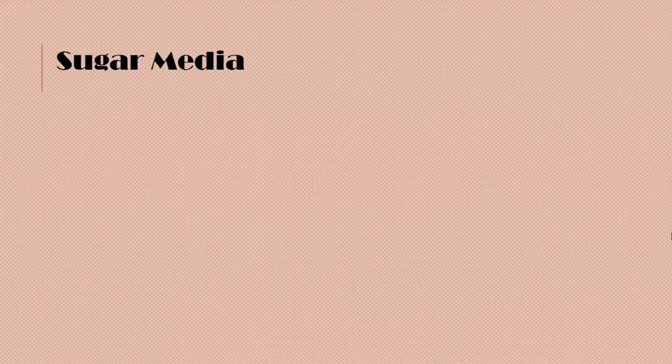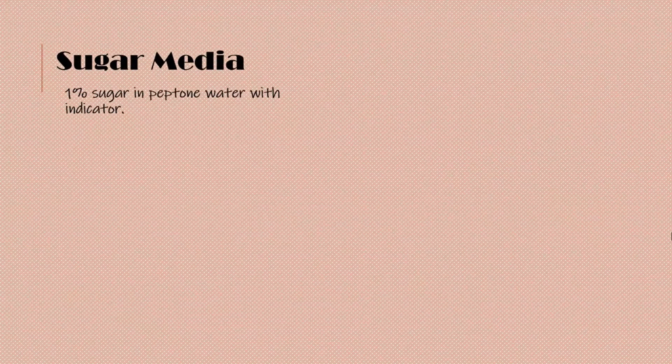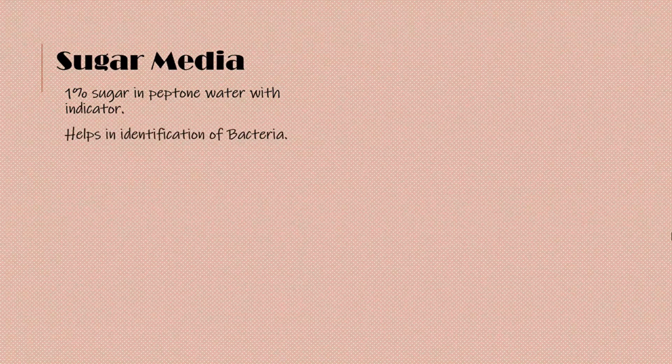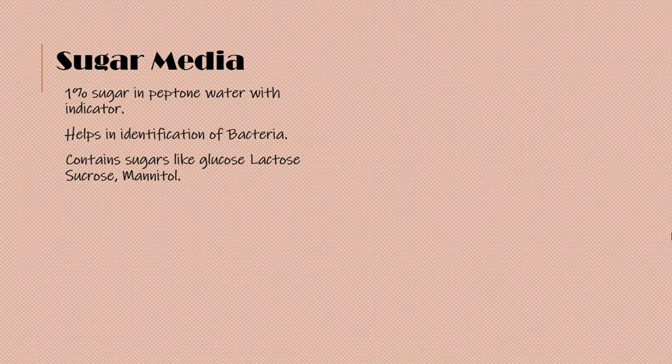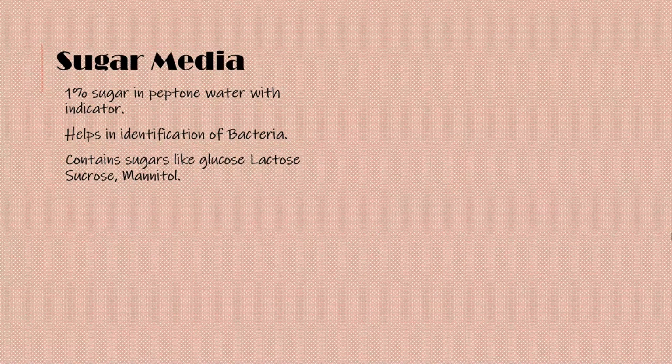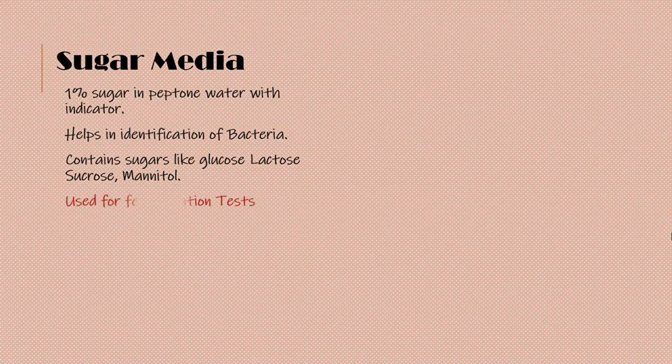The sugar media. It consists of 1% sugar in peptone water along with an indicator. It helps in identification of bacteria. Glucose, lactose, sucrose, and mannitol are routinely employed for fermentation tests.